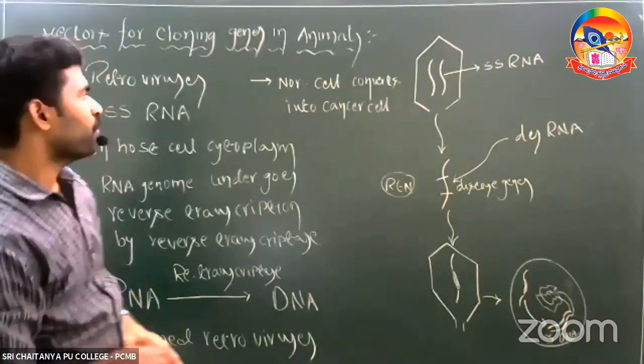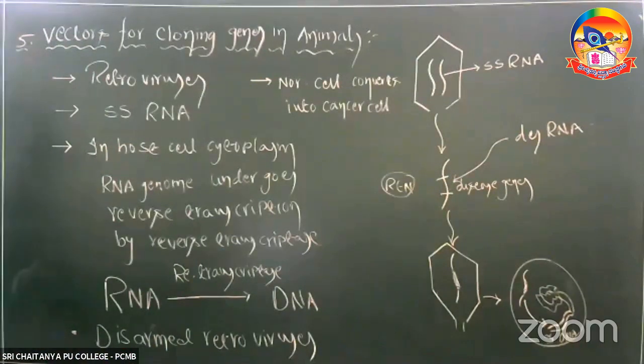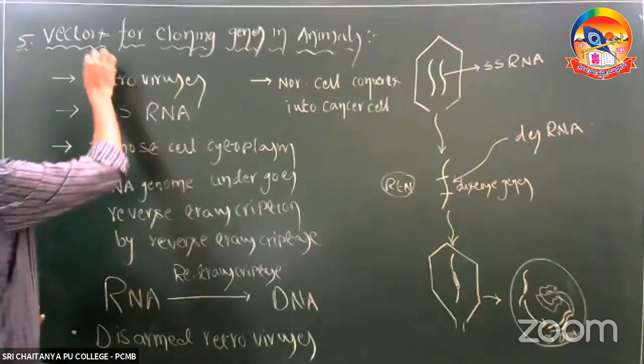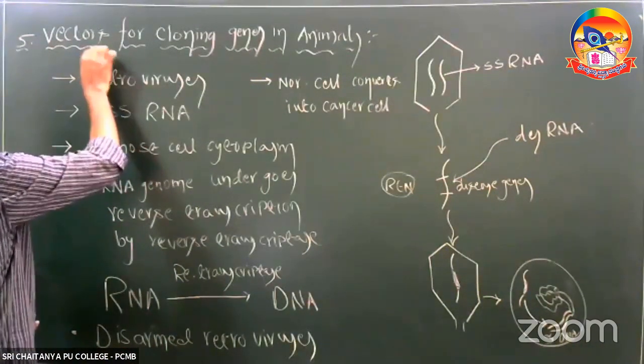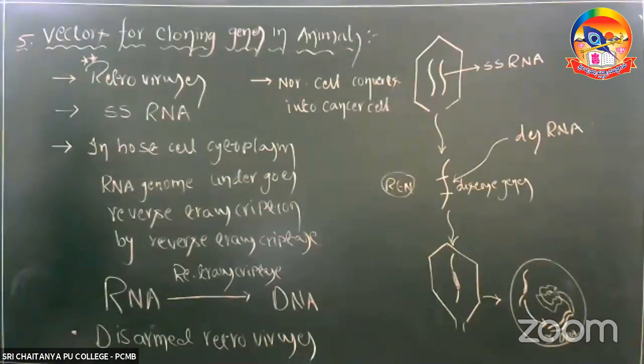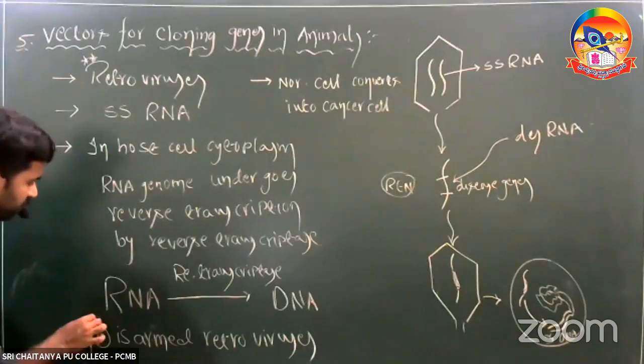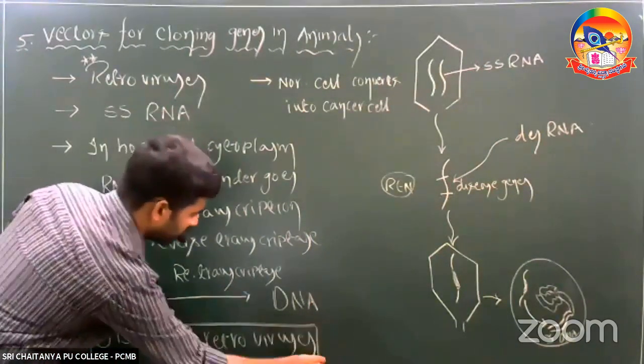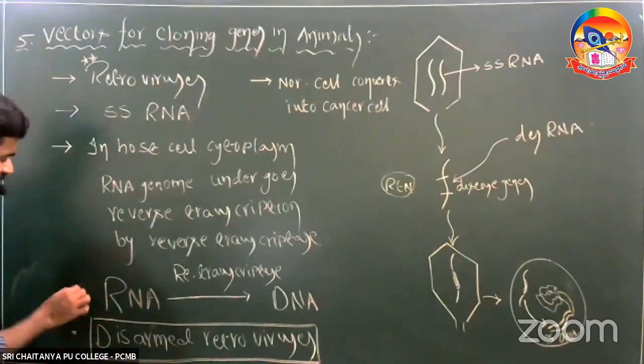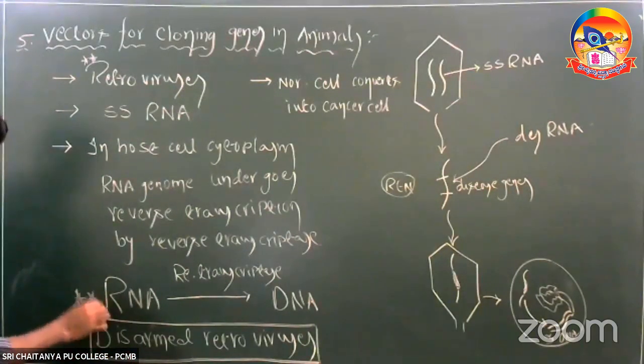Now tell me, what type of vectors are we using for cloning genes in animals? Retroviruses, the modified retroviruses, which we call disarmed retroviruses. Important. Now tell me just two points here.